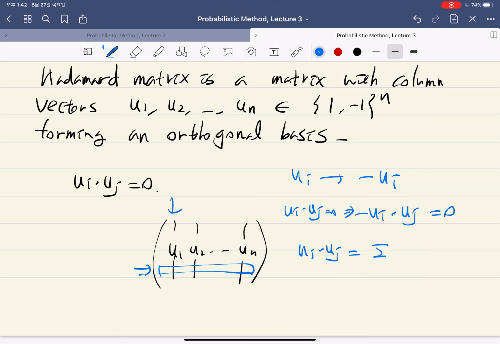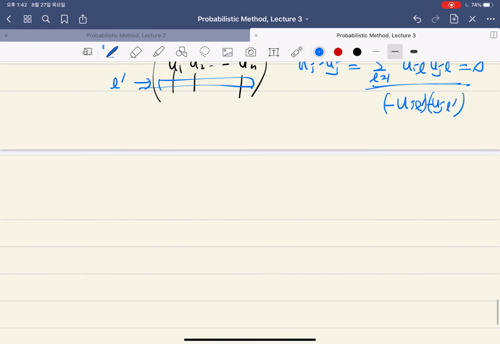This is the summation of ui_l uj_l, l from 1 to n. Let's say you flip the l-prime row. Then all the terms here are still the same, and on the l-prime term, ui_l' and uj_l' both become negative, so their multiplication is the same. So this is still 0. So no matter how you hit the switch, you always get another Hadamard matrix.